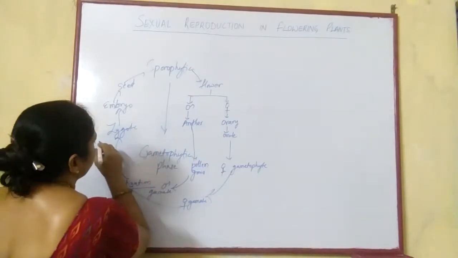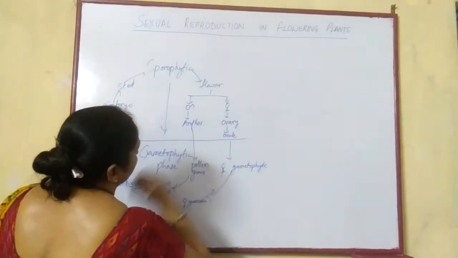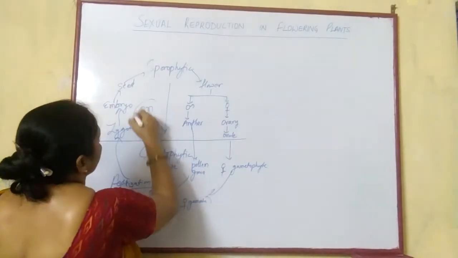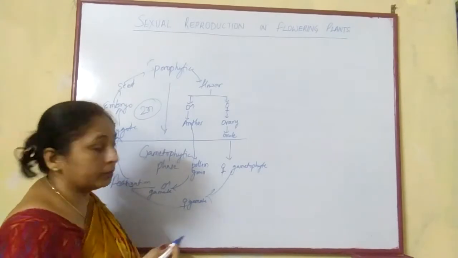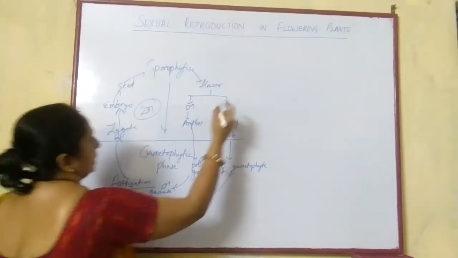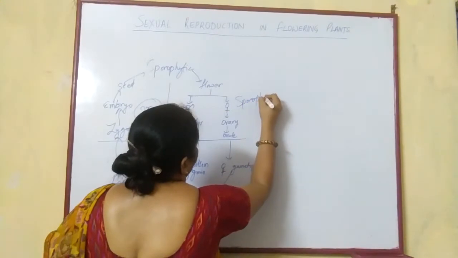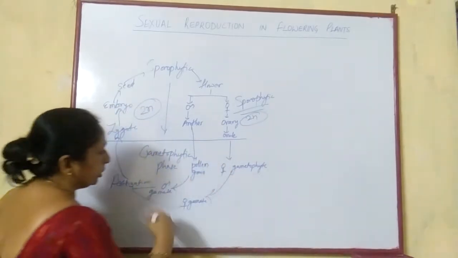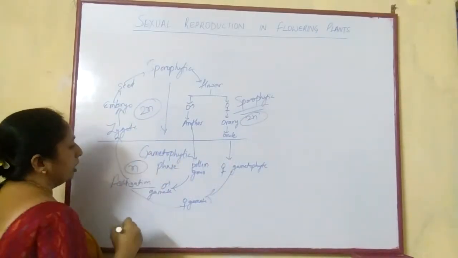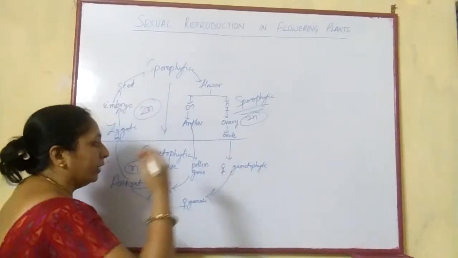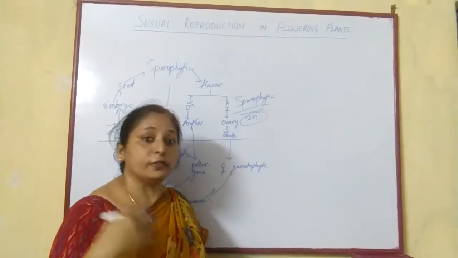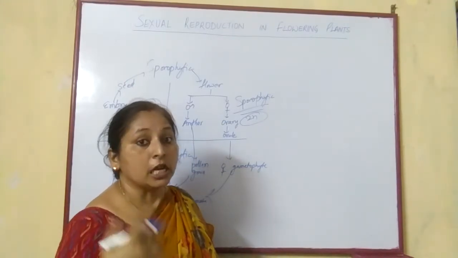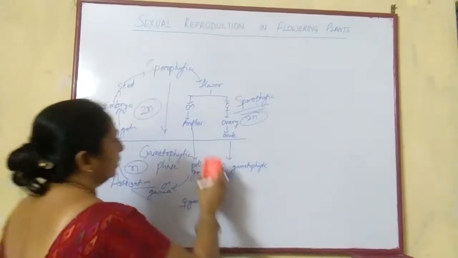So the upper half is the phase which contains the diploid chromosome number, the sporophytic phase. While the gametophytic phase is haploid, or the number of chromosomes is half. So the gametes always have a haploid chromosome number. When they fuse together, they form a diploid zygote to retain the diploidy level of the organism.